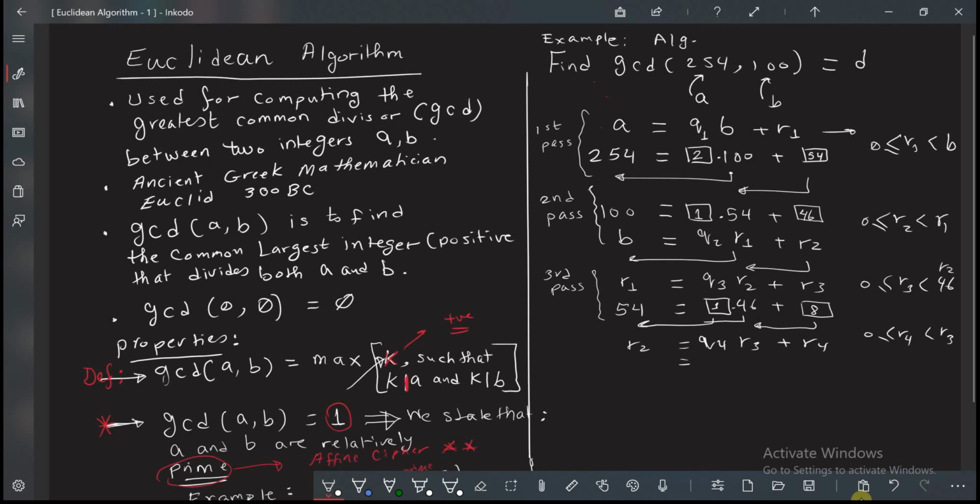R2 is 46 and R3 is 8, and we put a box here so we can find that number plus the remainder. When we divide 46 by 8, it is 5. If we put 6, it will be 48, so it should be less. So it is 5. 5 times 8 is 40, and the remainder is 6. So this is the fourth pass, and again we need to continue because this number is not 0 yet.